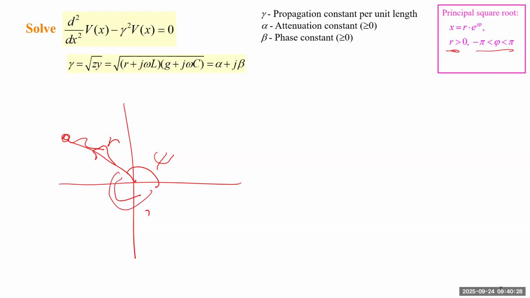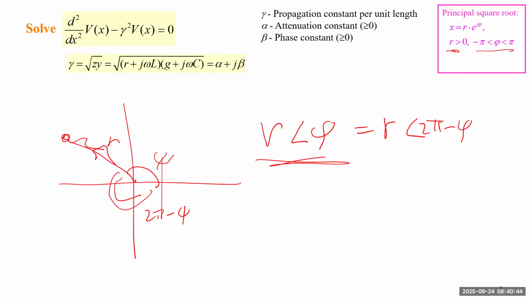The other angle will be 2 pi minus phi. So R with angle phi is actually equal to R with angle 2 pi minus phi. That means exactly the same complex number, but here we take the first one. We make sure the angle is between negative pi and positive pi. Then you'll be able to calculate the square root.